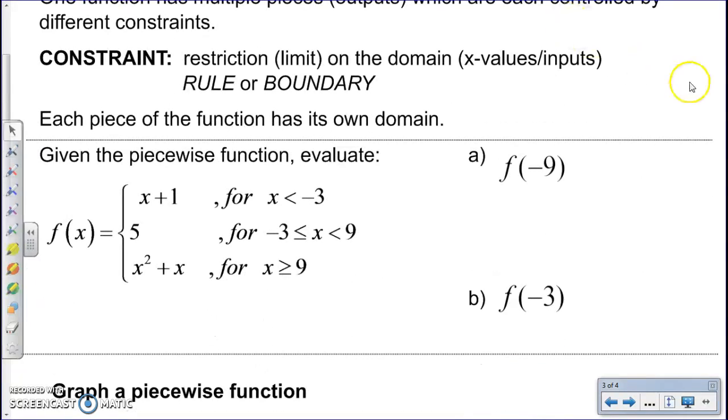So given this piecewise function, let's evaluate these two examples here. So here's the function, and here are the three pieces. There are three pieces here, and then here are the rules, or the constraints.